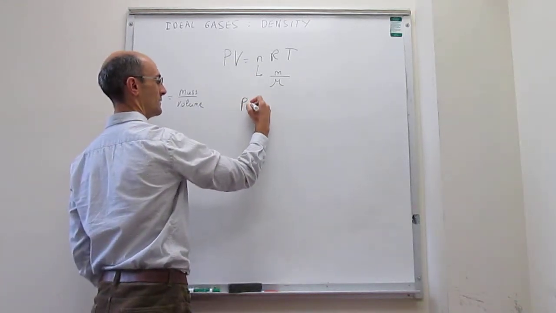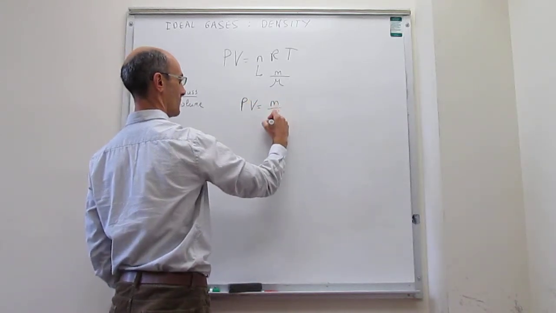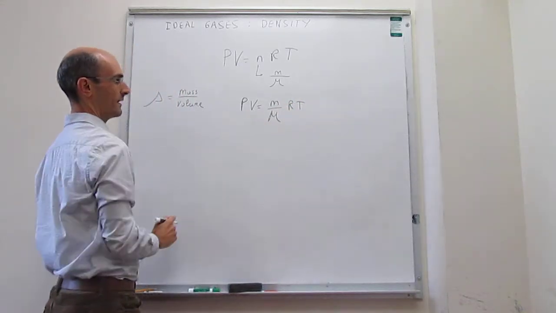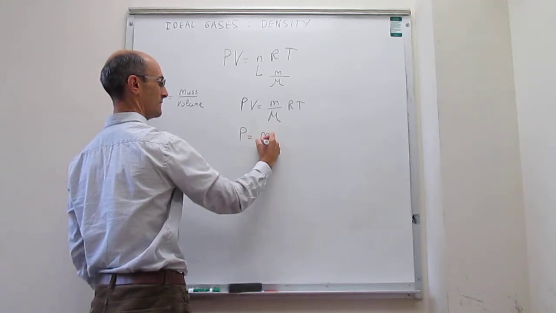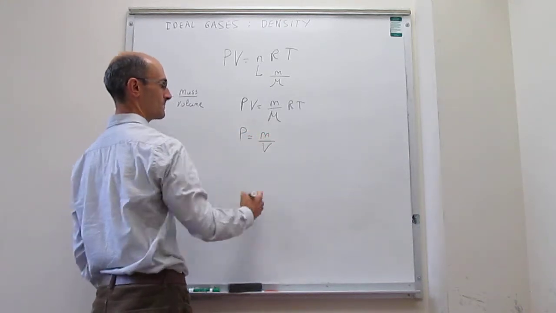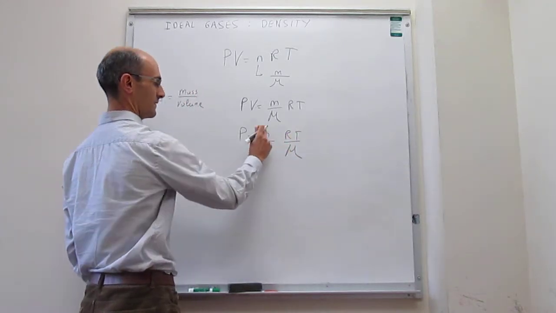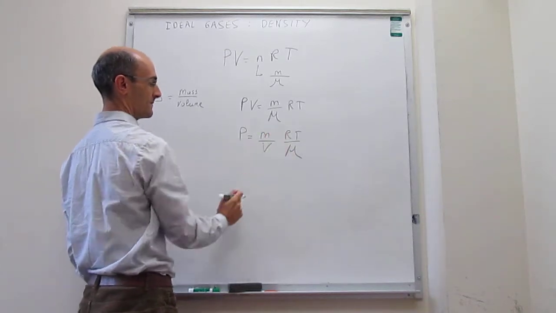So we have P, pressure times volume, is equal to the mass over the molar mass, RT. If now I consolidate terms by dividing both sides by the volume, I get an expression like this, where this is going to be the density, and that is the molar mass, pressure, RT.